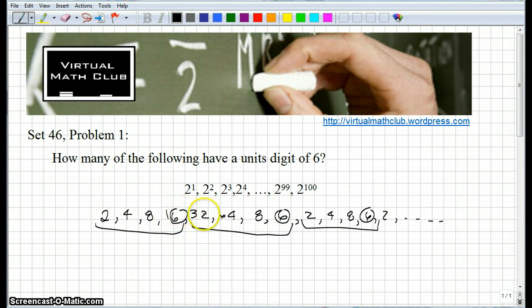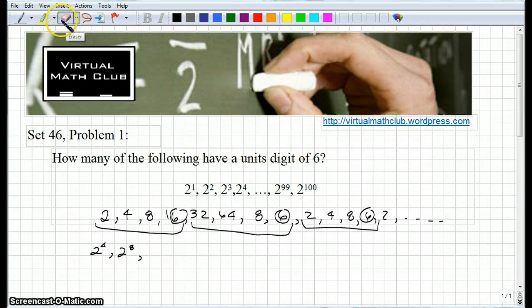So what we're looking for is 2 to the 4th, 2 to the 8th, and then 2 to the 12th, because we want every fourth one.